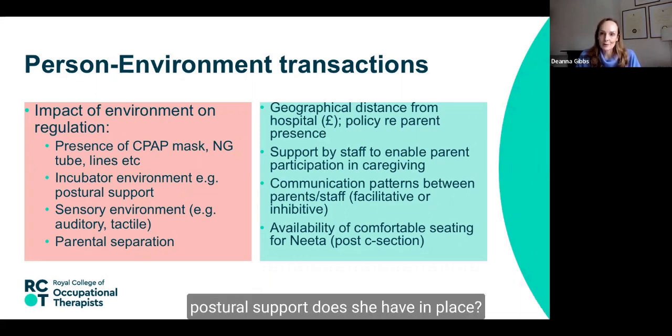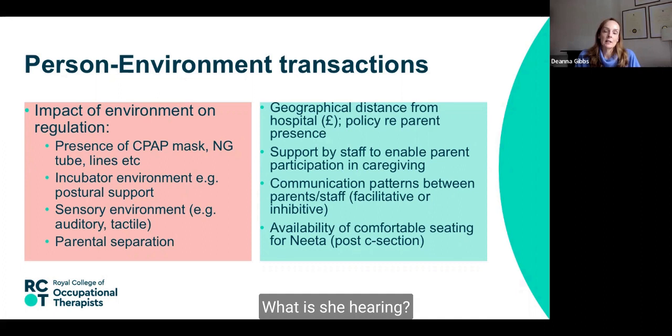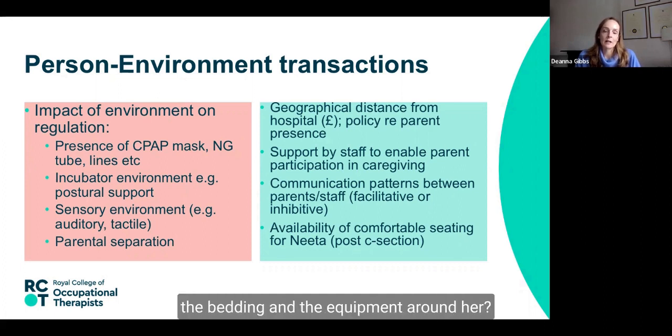What type of postural support does she have in place? How well is that serving her in terms of keeping her regulation stable? What is the impact of the sensory environment on Sophia? What is she hearing? What is some of the tactile input from the bedding and the equipment around her? And then obviously, what is the impact on her in terms of her separation from her parents?